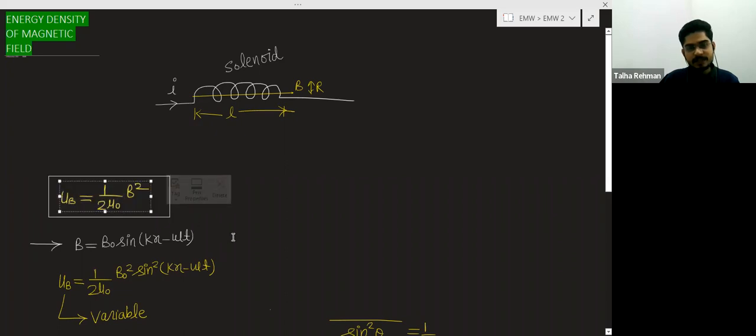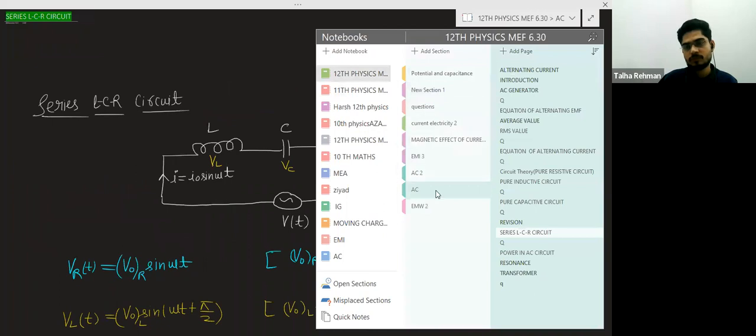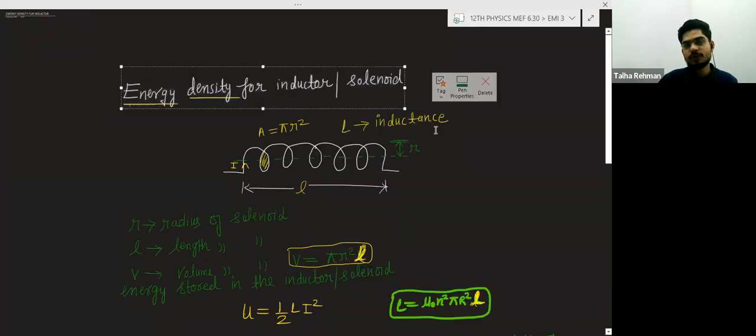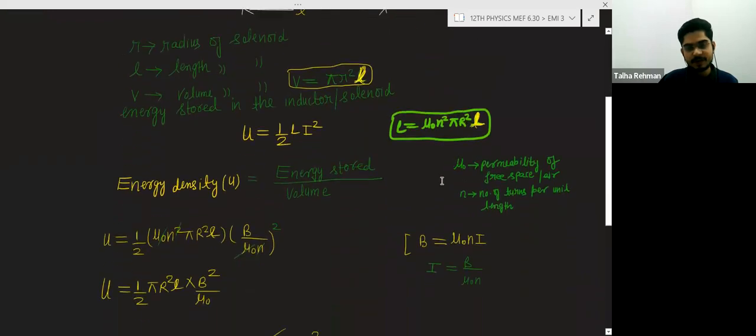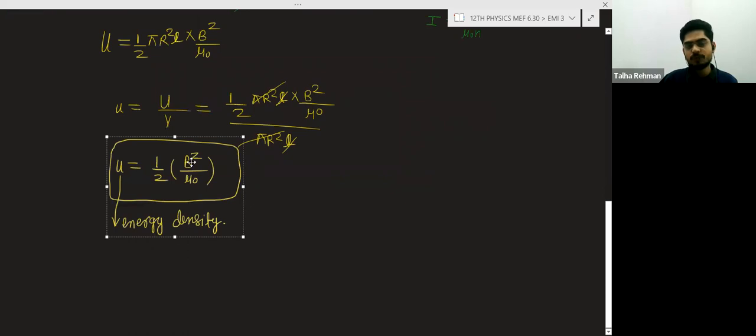And I think in the last chapter, for the energy density of the inductor, or the energy density of the magnetic field, we calculated half mu naught into B square. What is B? B is the magnetic field inside the solenoid.